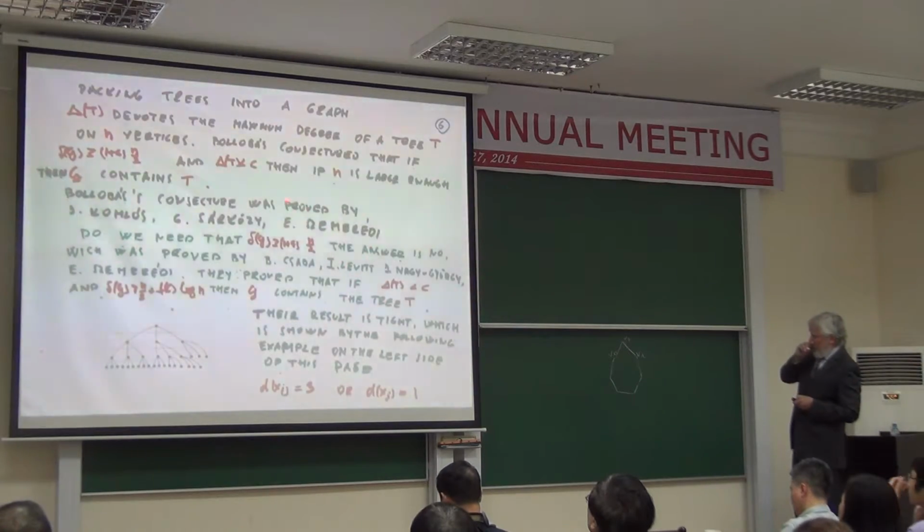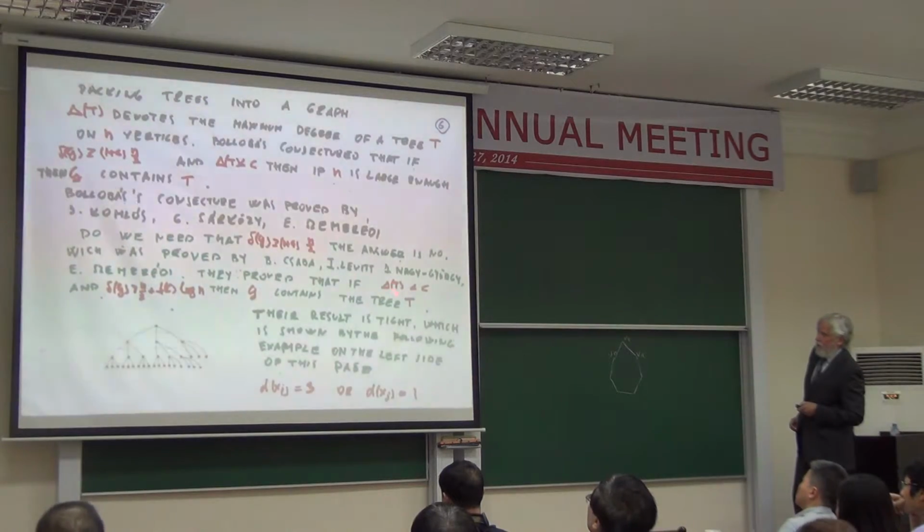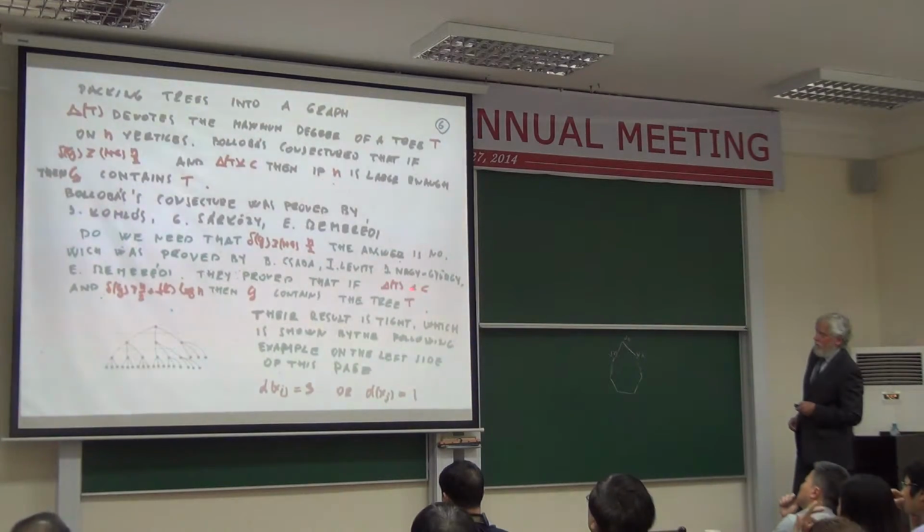So first we investigated the following question. Still we have the host graph with minimum degree 1 plus epsilon times n over 2, but the maximum degree of the tree doesn't have to be less than C; rather it can be much bigger.